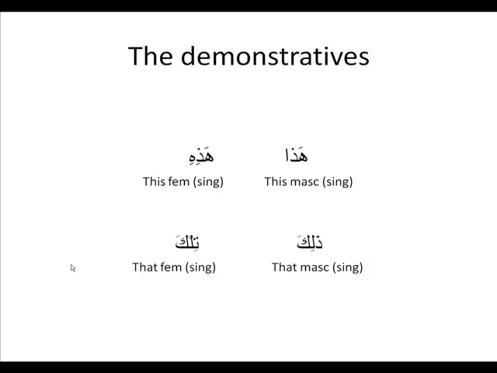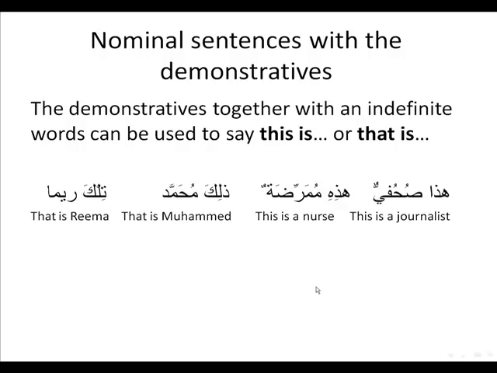Now, it doesn't only work for things, it works for humans as well. So if you want to say this man, you use هذا. If you would like to say this woman, you use هذه. We're going to have a couple of examples on the next page.